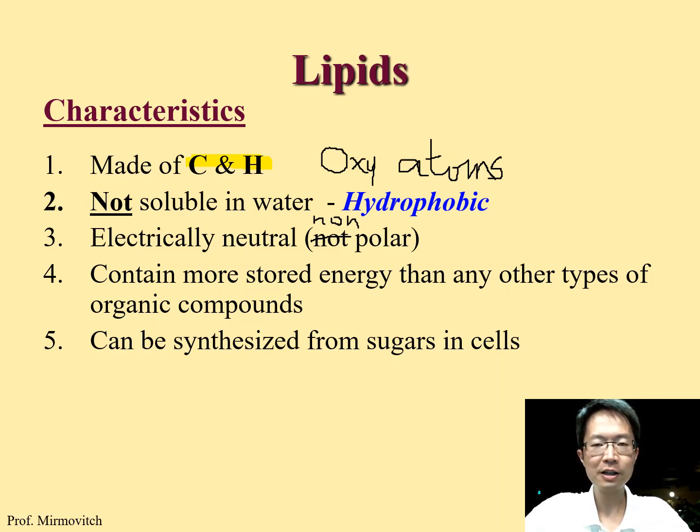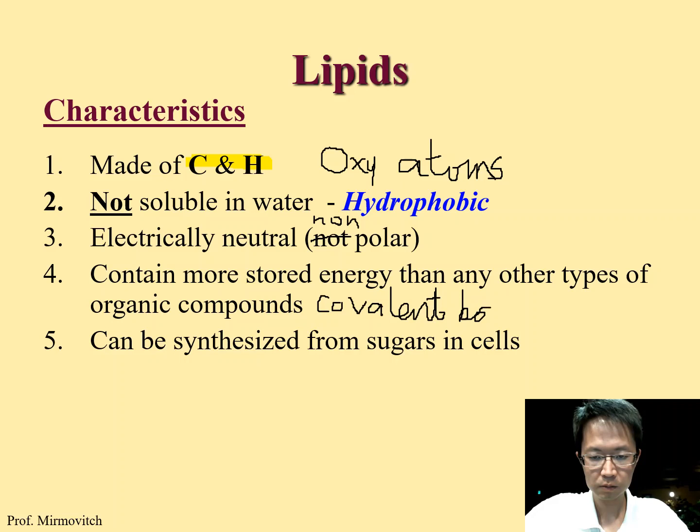lipids contain something called a fatty acid chain. Chain meaning that they contain a lot of covalent bonds. When we talked about atoms and molecules, ionic bonds and covalent bonds, I told you that covalent bonds store energy.